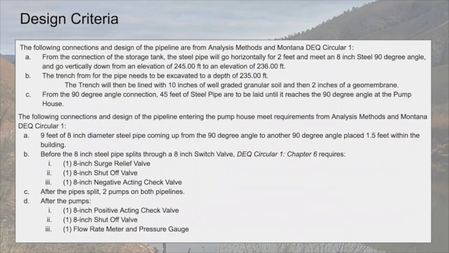Additionally, we had to deal with the criteria of the connections, in which everything had to be solid and excavated to a certain depth from the analysis we have taken on this project. Lastly, we had to design our pipeline and a pump house, in which we had to have surge relief valves, shutoff valves on both sides, and a flow rate meter and pressure gauge to make sure flow is actually going through our pump.